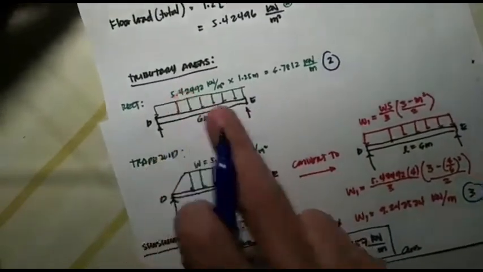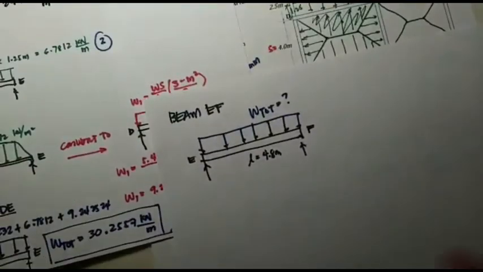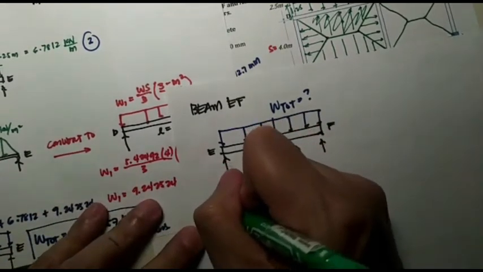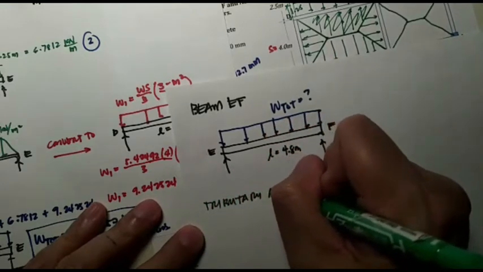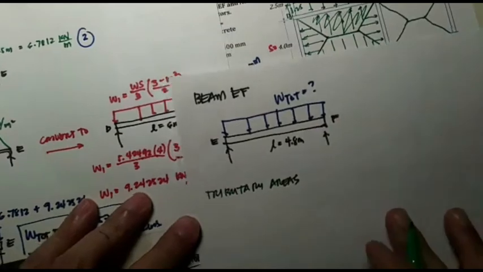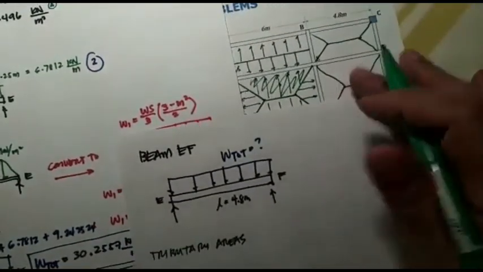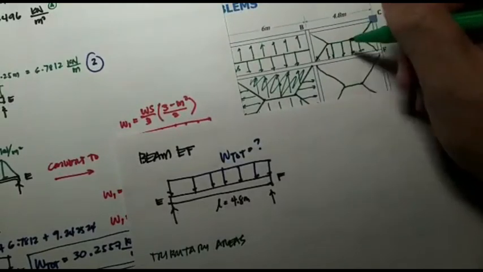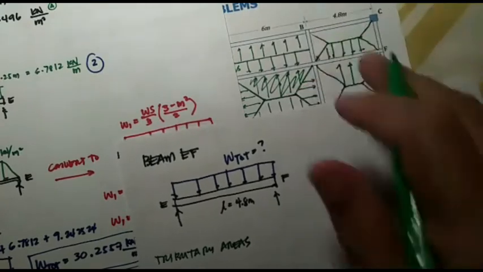Okay, so what would be the tributary areas pagka sa beam EF? Tributary areas. Okay, so, eto. So, ito ay trapezoid. Tapos ito rin ay trapezoid din. So dalawang trapezoid.